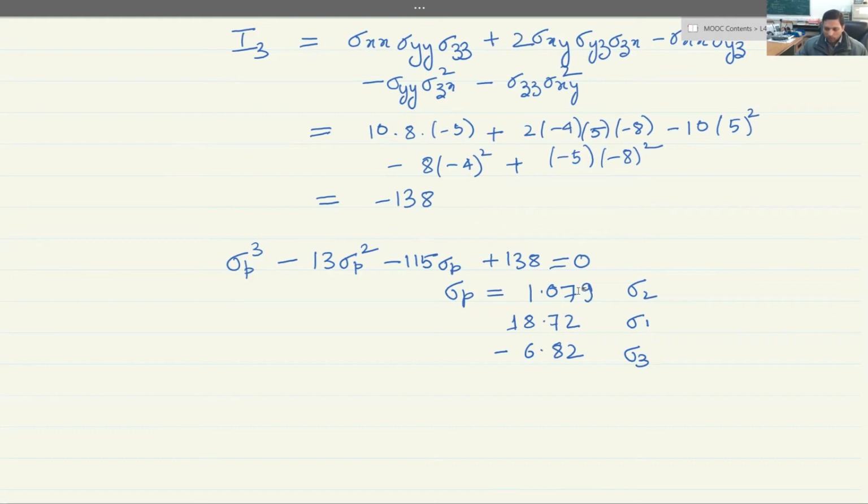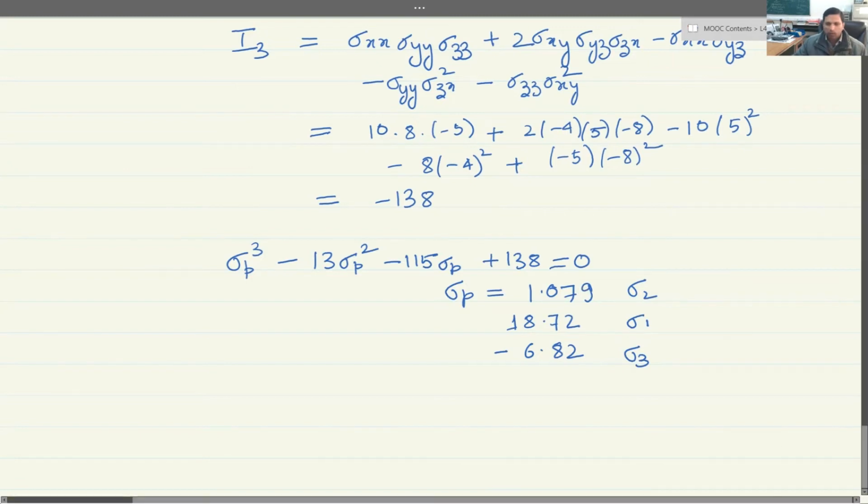Once we get the invariants from a given condition, we can find the principal stresses, meaning our orientation. So far, we have not tried to look at the angle theta, but this is not something we are trying to obtain yet. You can easily obtain that theta, but we will look at it a little later.